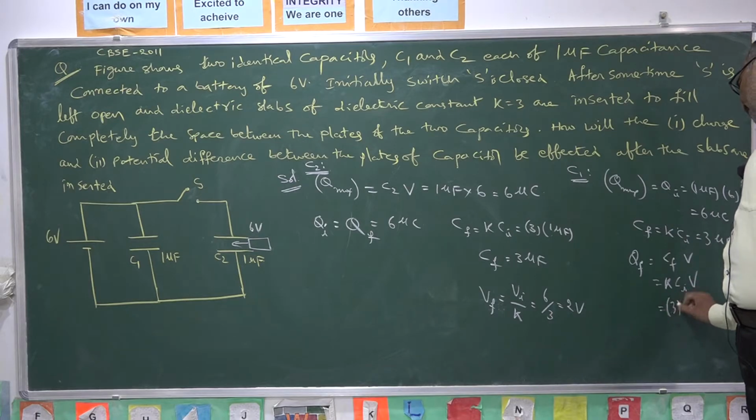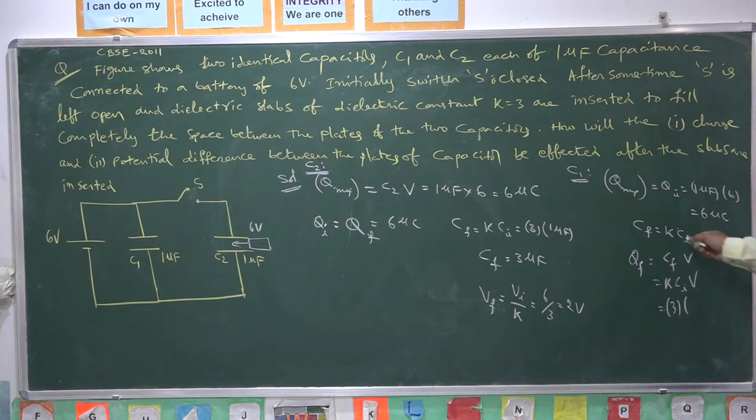That is K into Ci into V, 3 into 1 into 6, totally 18 microcoulombs. 18 microcoulombs is the new charge on the capacitor.